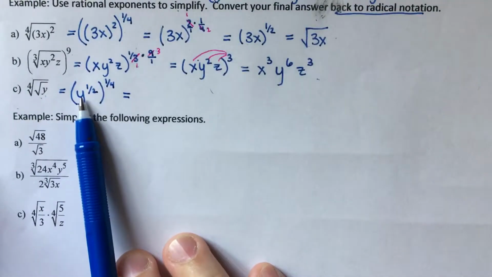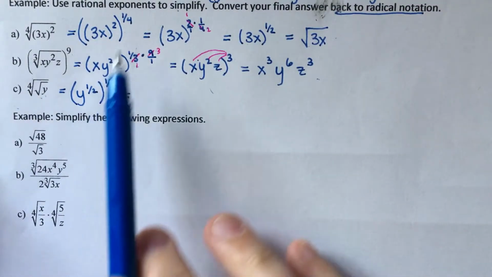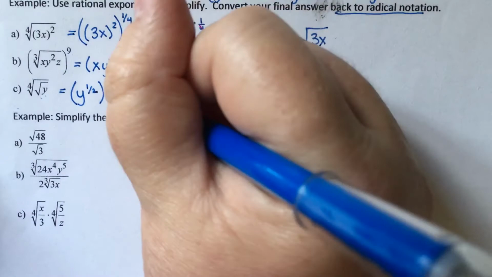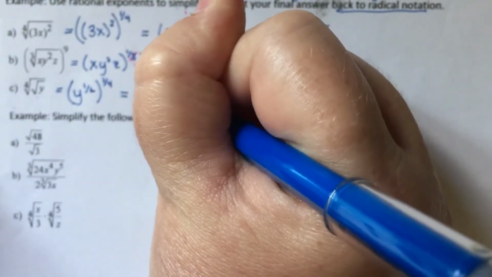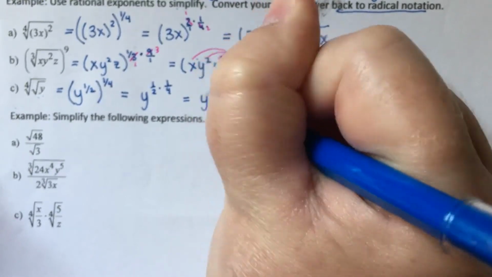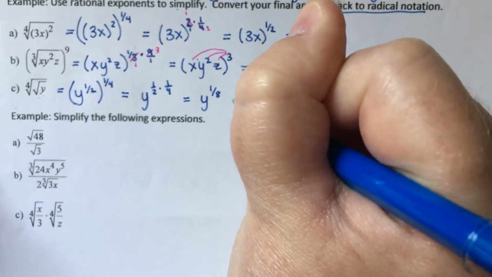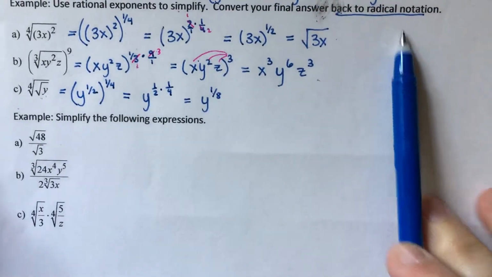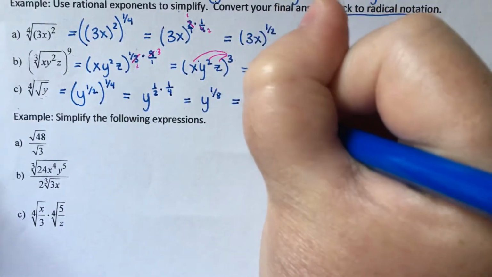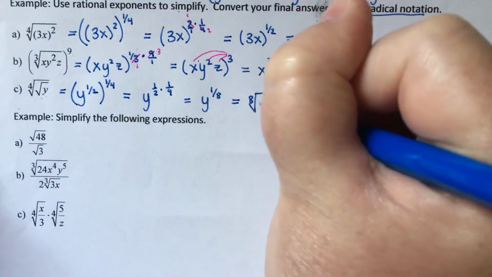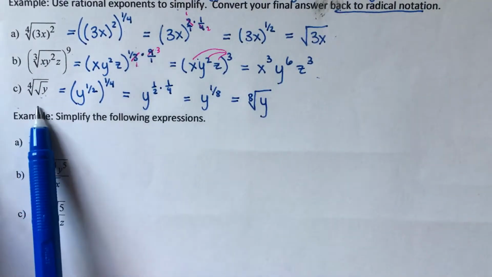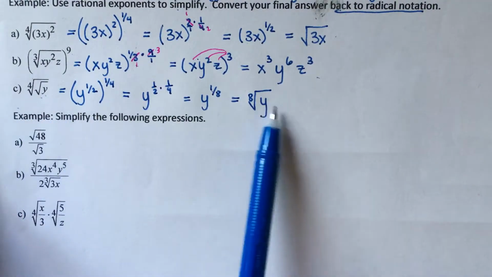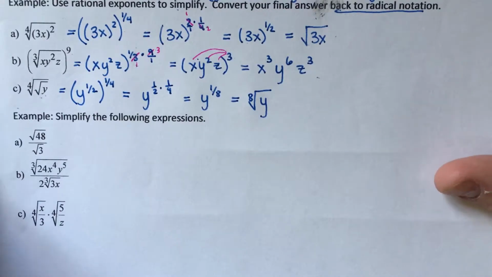And now that I've written it like this, I can use that exponent rule that says I should multiply the exponents. So it's y to the 1/2 times 1/4, which is y to the 1/8 power. But directions wanted radical notation, so my final answer should be that it's the 8th root of y. We don't often go to the 8th roots, but that's what happens if you combine a 4th root and a square root. It turns into an 8th root.